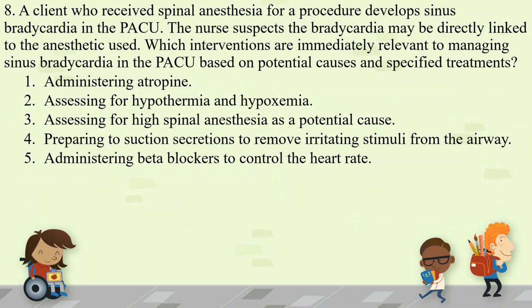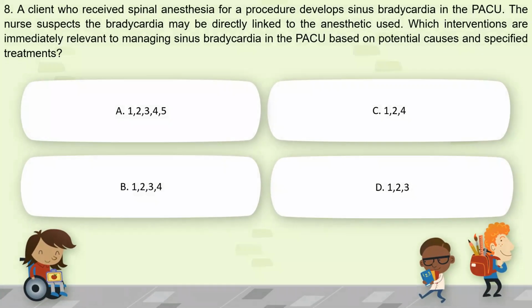And number four relates to the interventions for laryngospasm or bronchospasm. And number five is used for sinus tachycardia, not bradycardia. So the answer for number eight is one, two, and three, except number four and five. So eight, one, two, and three, and that is choice letter D.